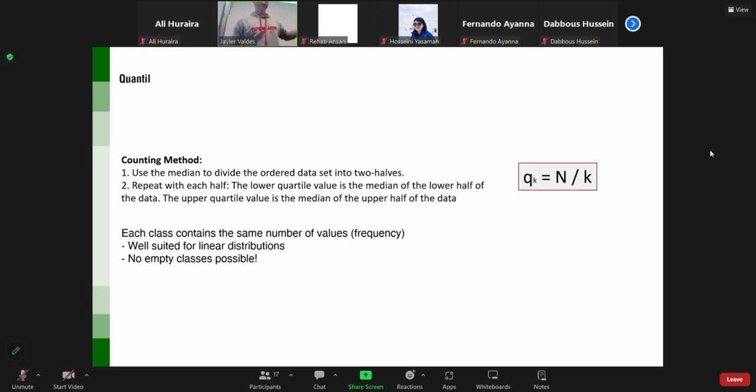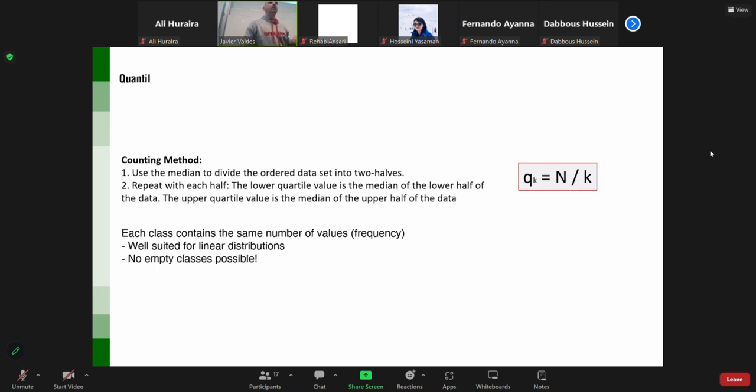There are other methods to calculate this, but it is always the same. If you have 5 quantiles, you are going to be looking at 20%, 40%, 60%, 80%, 100%. Do you understand? And so on.